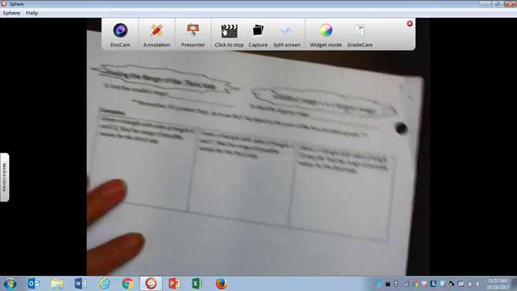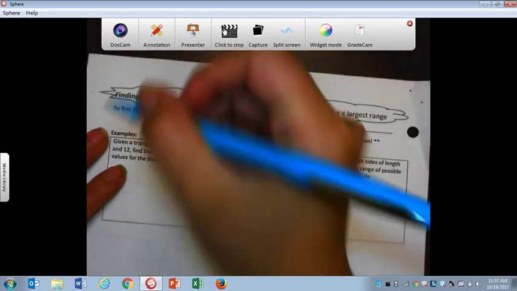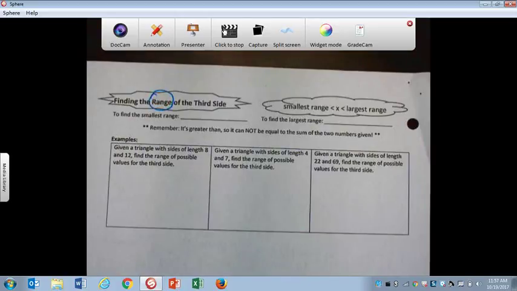All right, let's move on to the next page. Last and final thing today is finding the range of the third side. Key word here is range. You know you're doing a range problem when you see the word range.